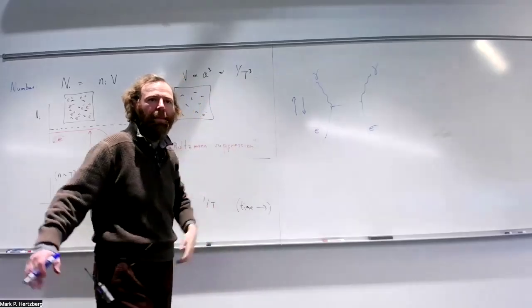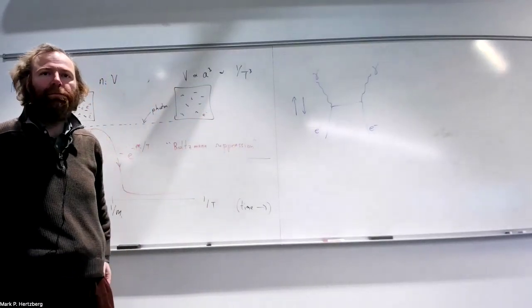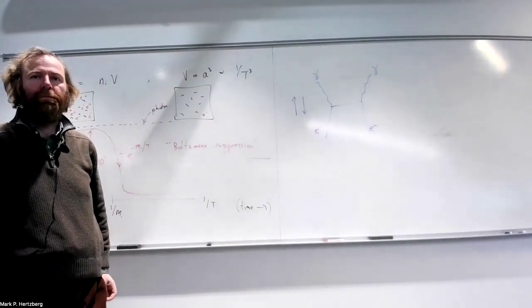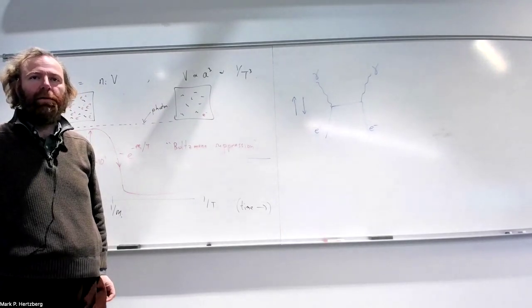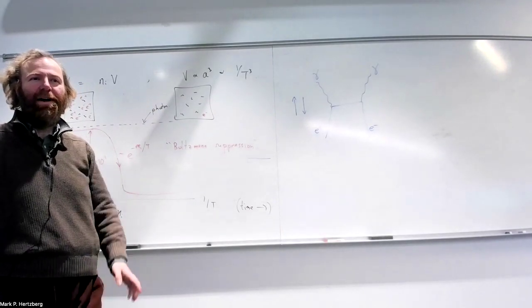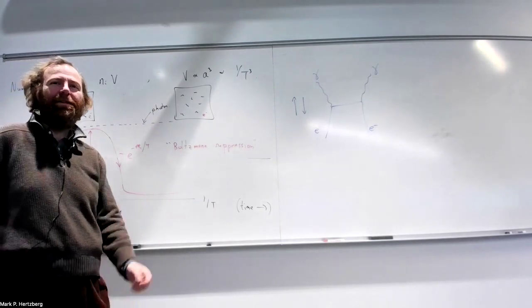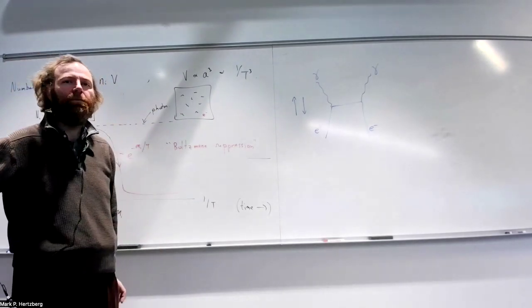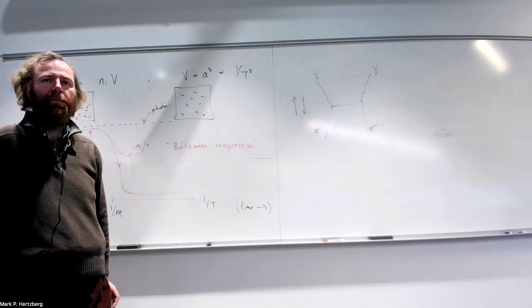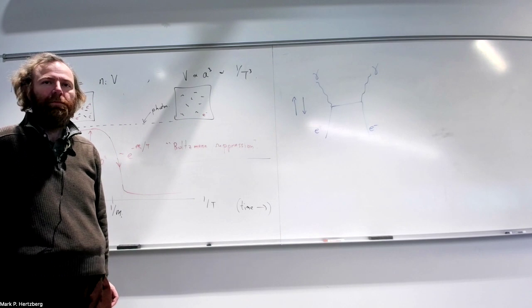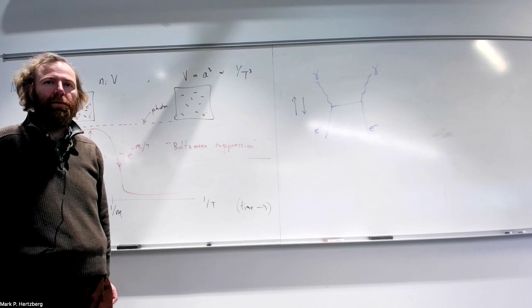Yeah. Well, hot is the right word, but they have charge. So if you're back in the early universe and these things are happening, maybe they're just getting scattered instead.